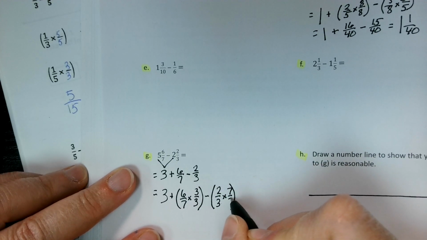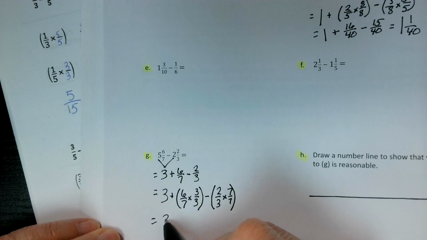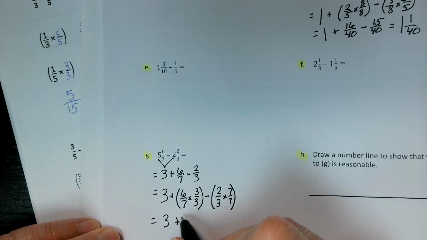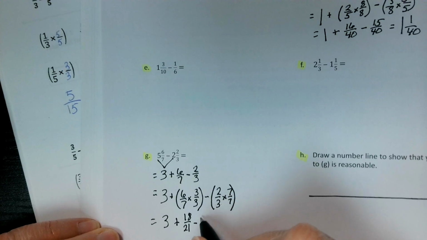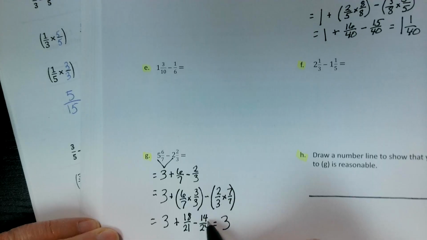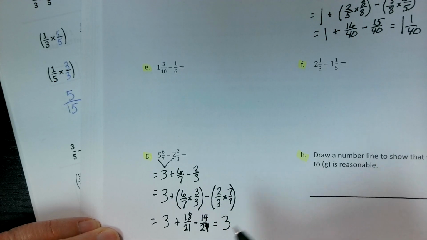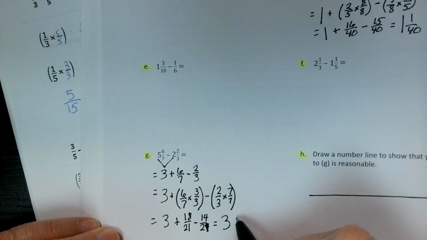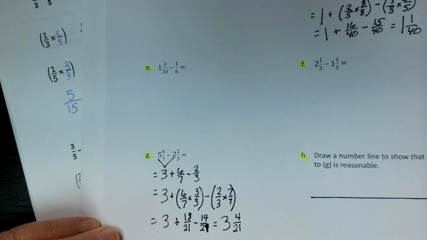So we'll do 3/3 and 7/7. So now I have 3 plus 18/21sts minus 14/21sts, and that equals 21sts, not 24ths. Sorry. 18 minus 14 is 4/21.